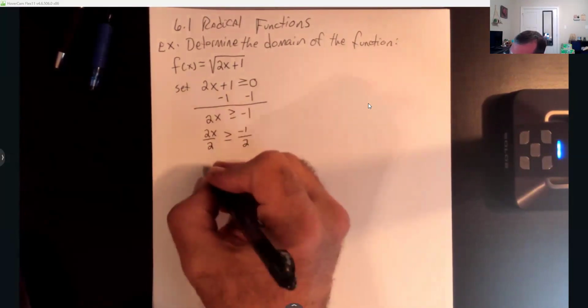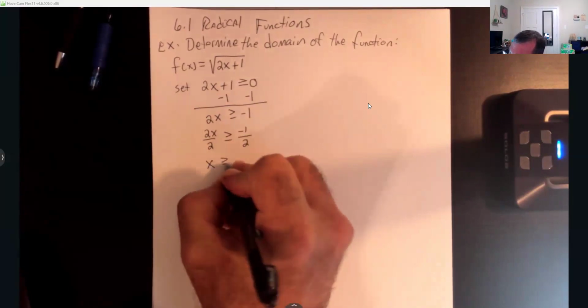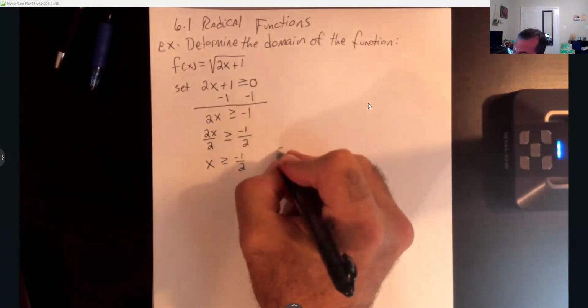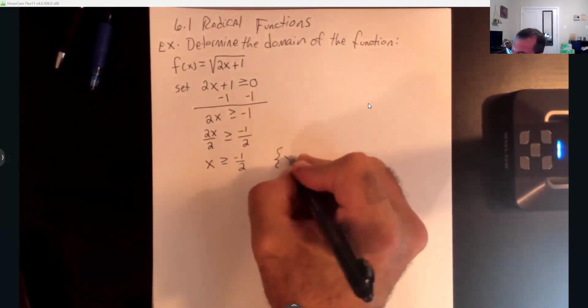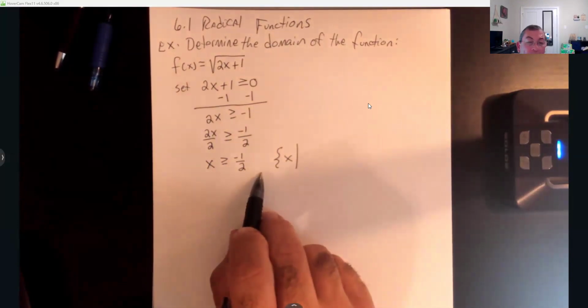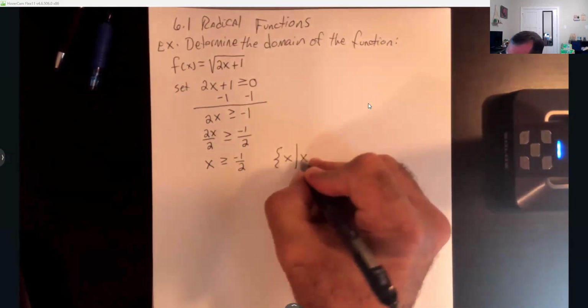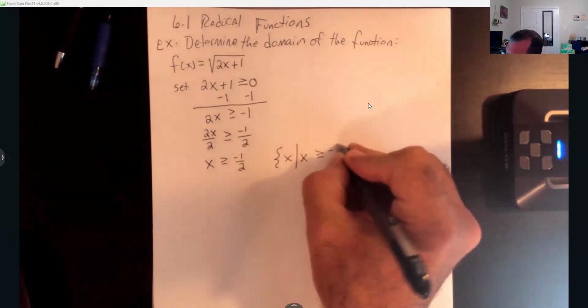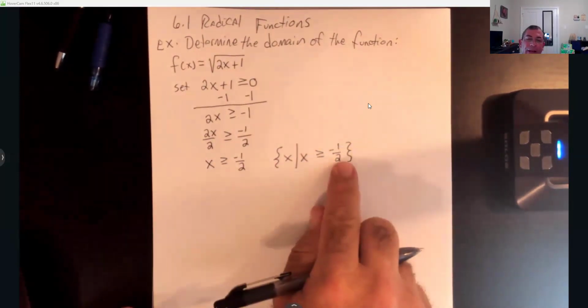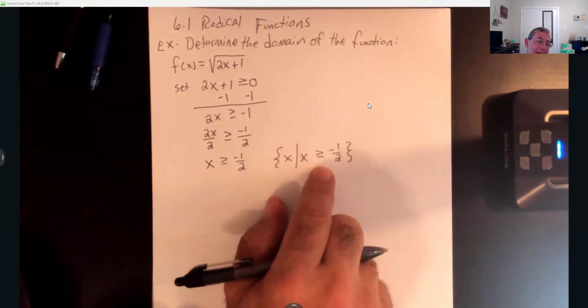So those 2's cancel, giving me x greater than or equal to negative 1/2. So our choice would be x such that, and y'all, there's only one that looks just like what we got. x is greater than or equal to negative 1/2. So basically your answer will look like what MATLAB has, okay?